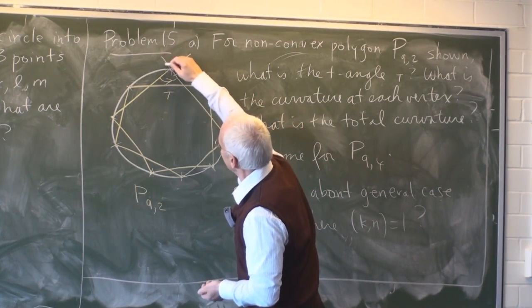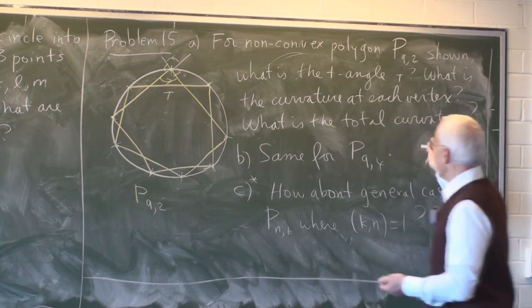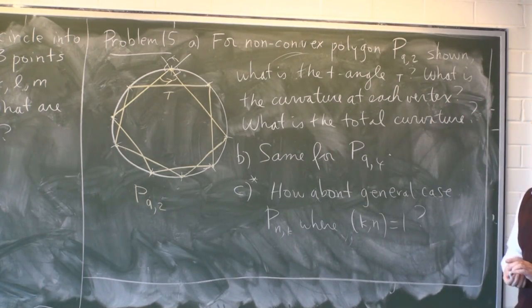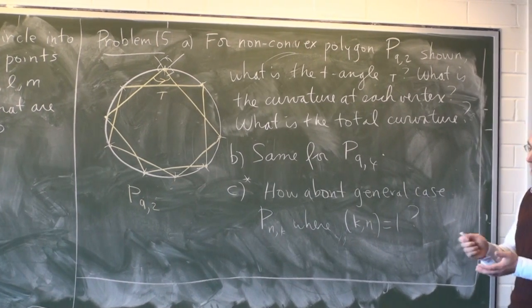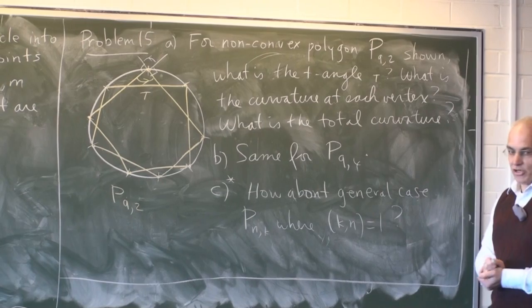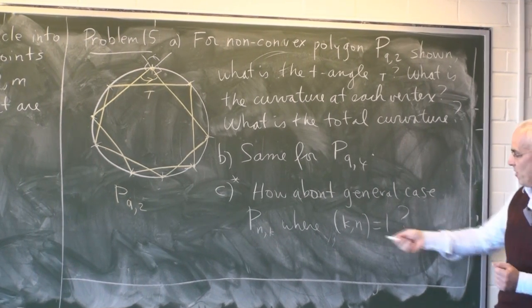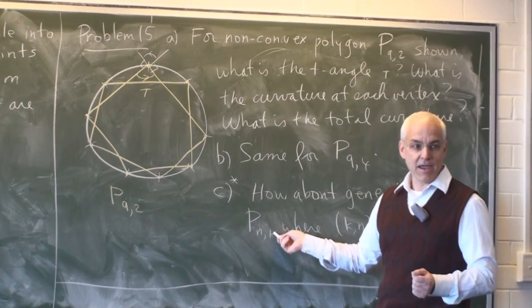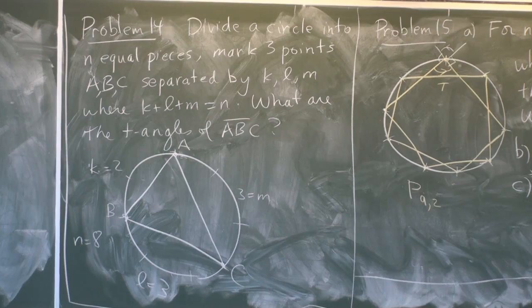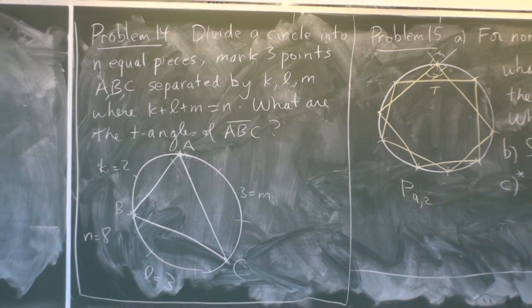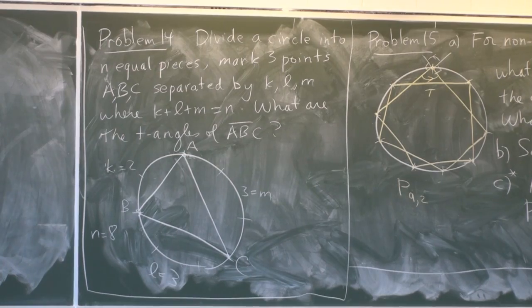So if you made something like this, what would be that curvature? And what is the total curvature of the entire polygon? And you could ask the same thing for, say, P9,4, and somewhat more generally, can you find a formula that works not just for 9 and 4 and 9 and 2, but for n and k, where n and k are relatively prime?